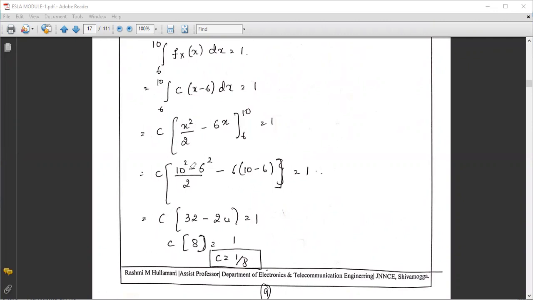C into 10 square is 100, minus 6 into 6, 36.